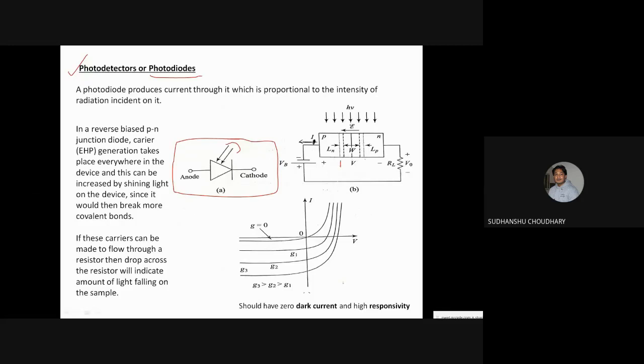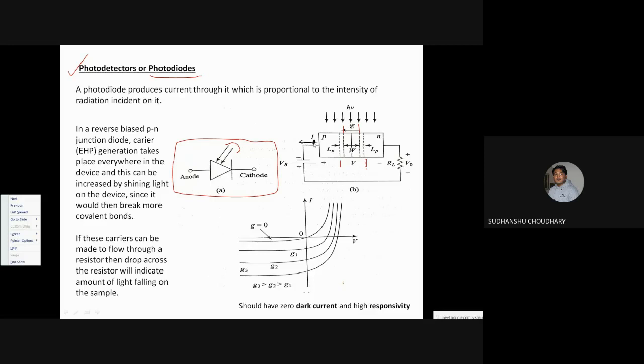Earlier it was up to this point at equilibrium, but when the reverse bias is applied, the depletion region extends to these 2 points. Now if somebody tries to connect this PN junction via some resistive load in reverse bias mode, obviously a reverse current can be seen from N to P. The reverse current will flow.